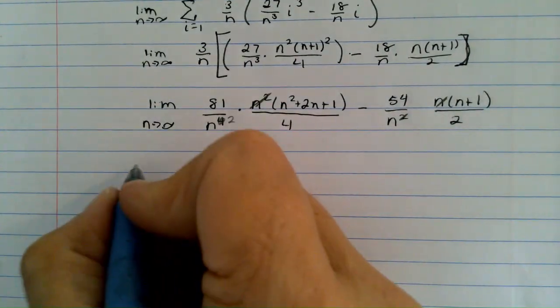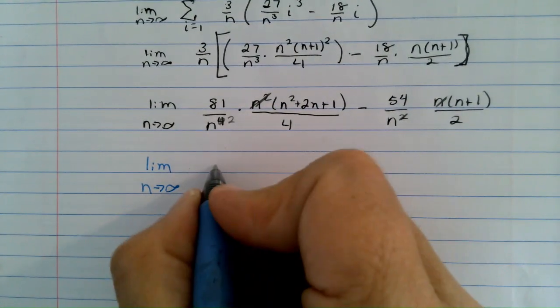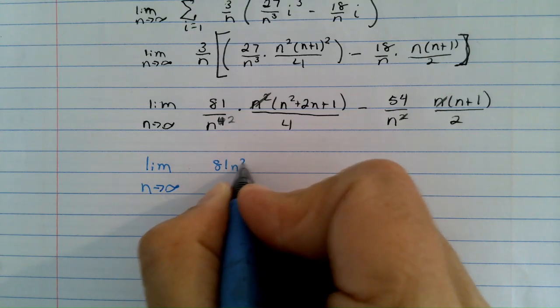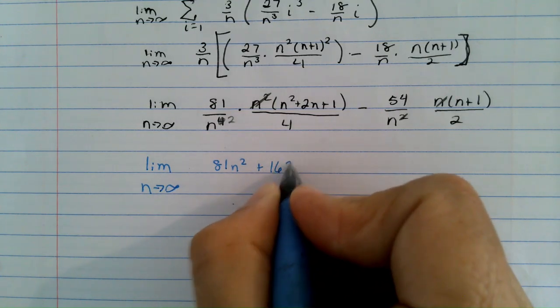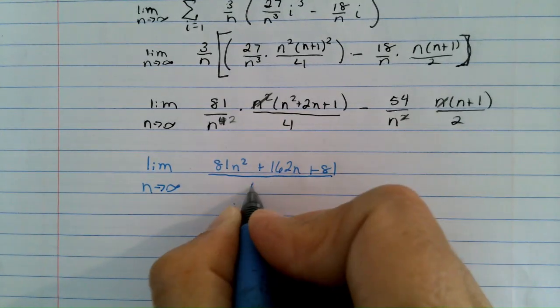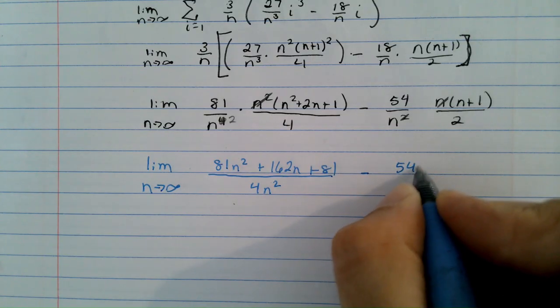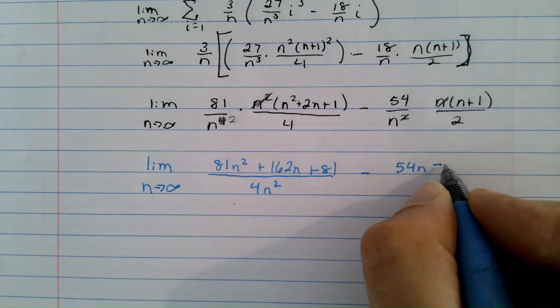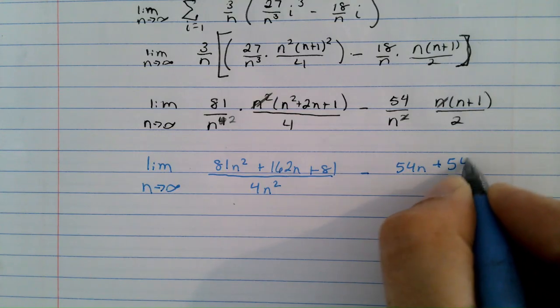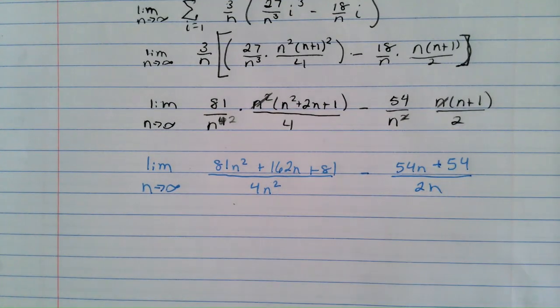So I would have the limit as n approaches infinity of 81n squared plus 162n plus 81 all over 4n squared, minus 54n plus 54 all over 2n.